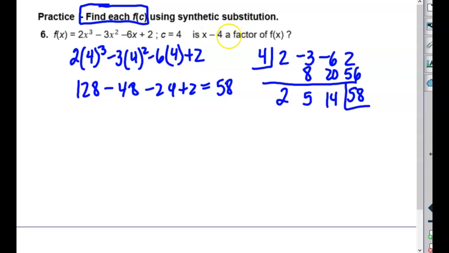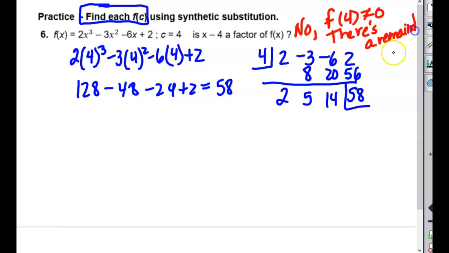So, is x minus 4 a factor? No. You could say either f of 4 does not equal 0 or there's a remainder. And I ran out of room.